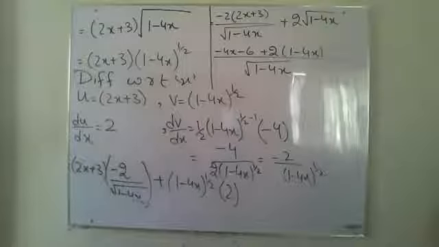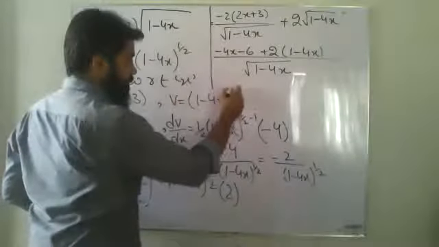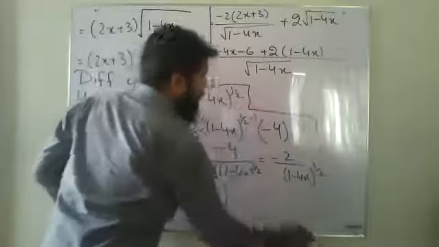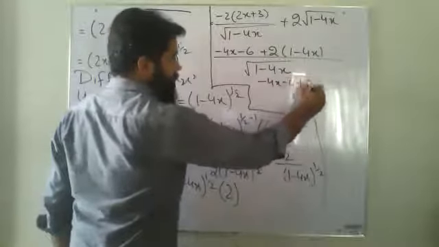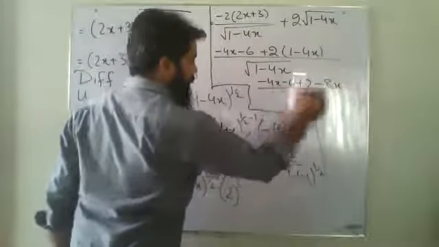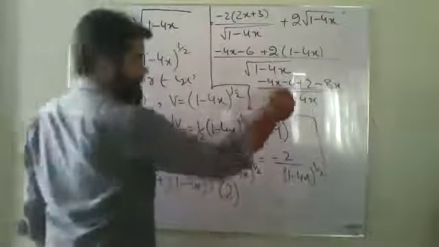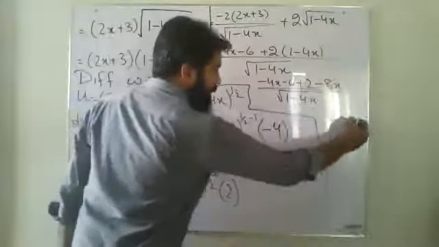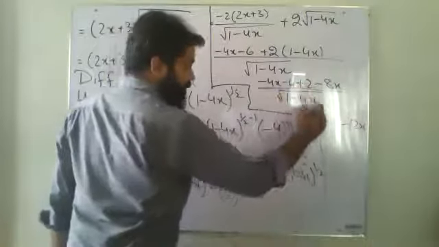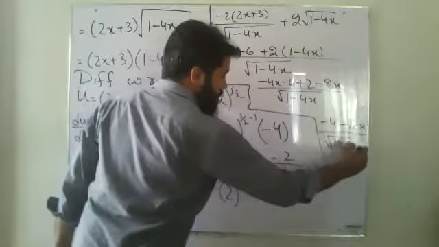Okay. I hope there is no confusion till this point. Now I'm going to go for, let's see, minus 4x minus 6 plus 2 minus 8x over under root 1 minus 4x, and when I will simplify this thing, so minus 4x minus 8x will become minus 12x, minus 6 plus 4 will become minus 4, over under root 1 minus 4x.